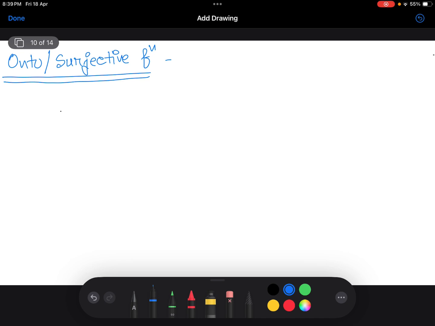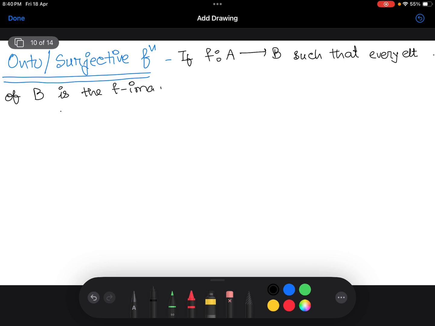Similarly, we define a function from A to B, where A and B are non-empty sets, such that every element of B, that is, every element of the codomain, is the f image of at least one element of A.